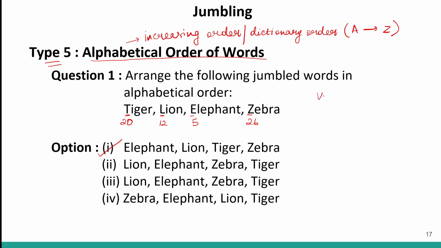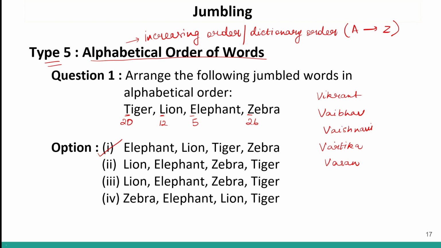Their names are Vikrant, Vaibhav, Vaishnavi, Vartika, and Vasan. We have to arrange them in alphabetical order.